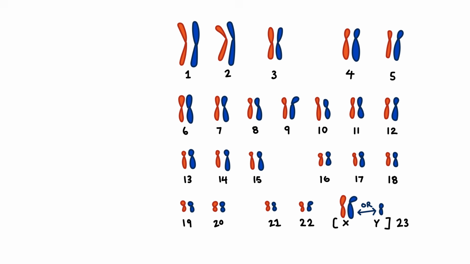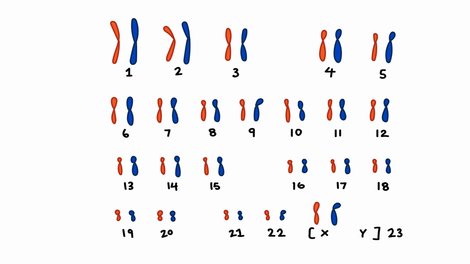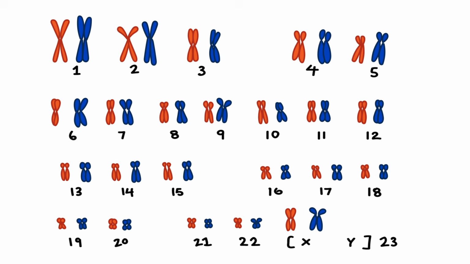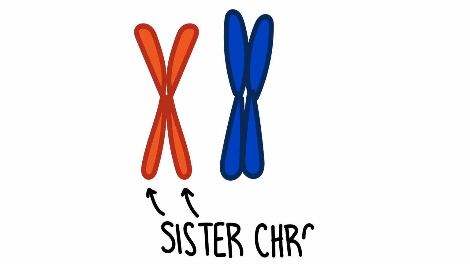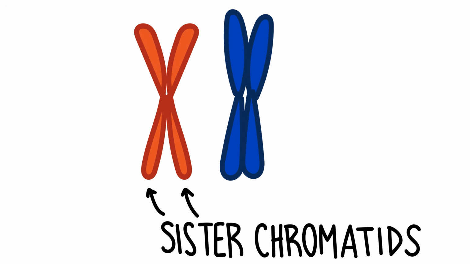When a human cell undergoes replication, every single one of our 46 homologous chromosomes is duplicated to form identical pairs. Each member in an identical pair of chromosomes is called a sister chromatid. Each sister chromatid is just a copy of one of 46 homologous chromosomes, and they are linked together into one unit.